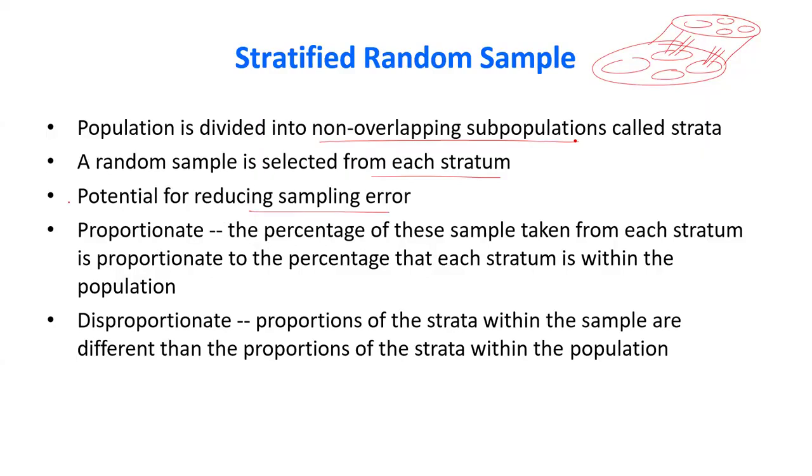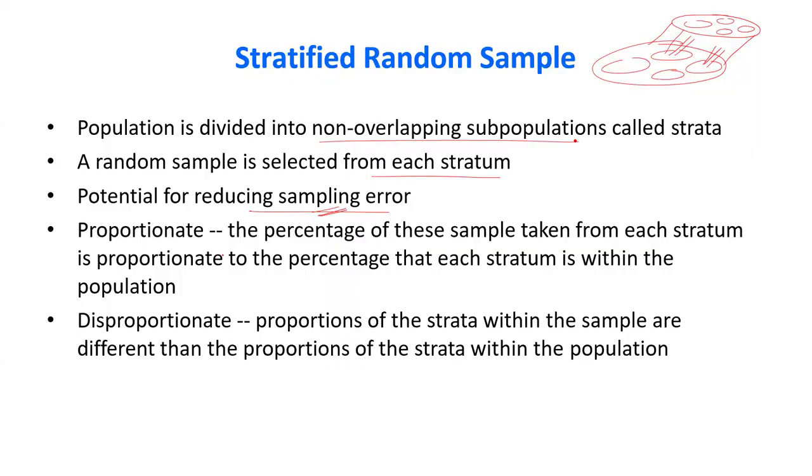It will reduce your sampling error. If your sample is not good, then everything will go for a toss and lead to an error, which we call sampling error. So at the first instance it is very important that you select the right sample.